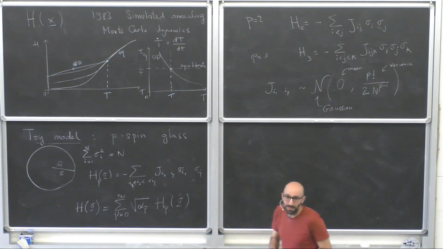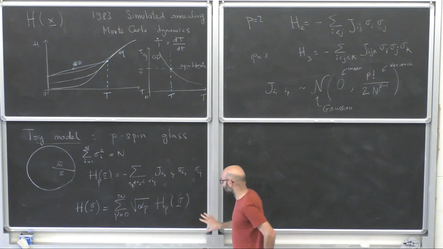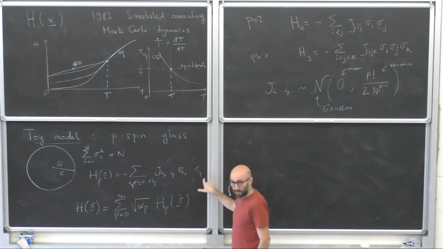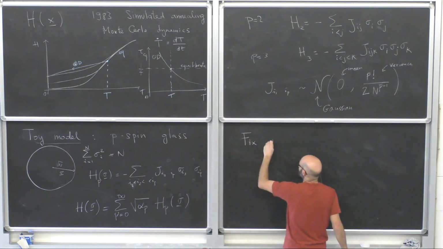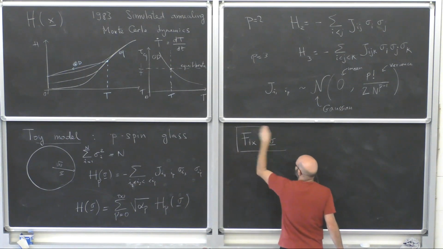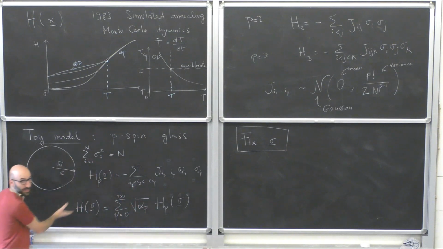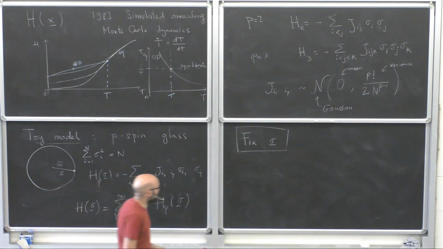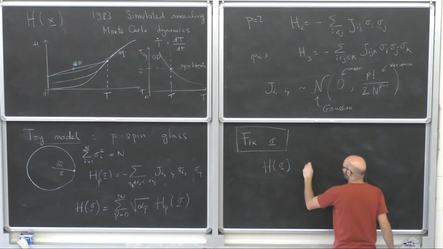That you can do this afternoon if you have time, is to convince yourself of the following thing: if you fix the configuration of the spins, so if I fix sigma, so I take one given point on this sphere, then h of sigma is a Gaussian.